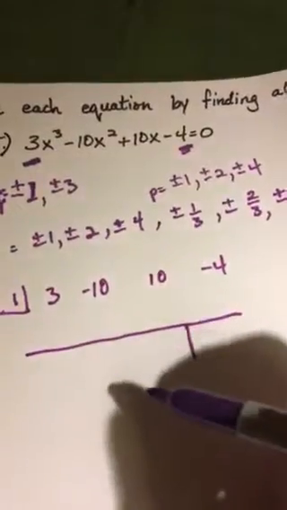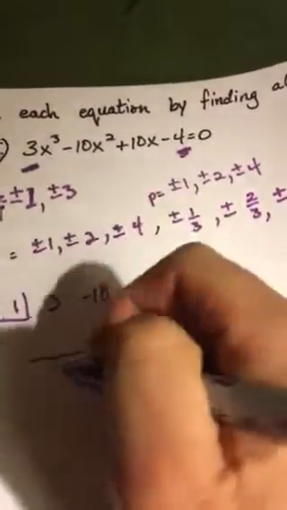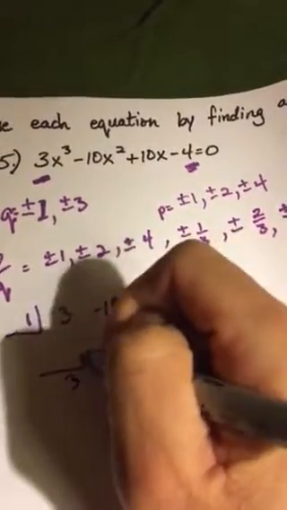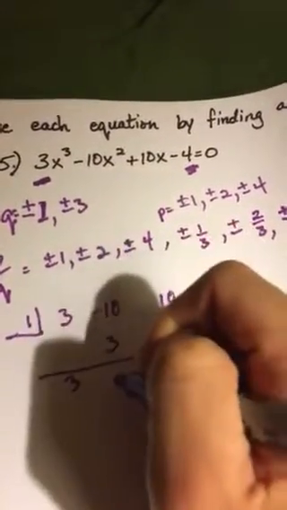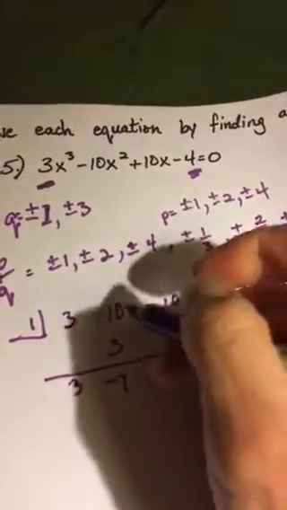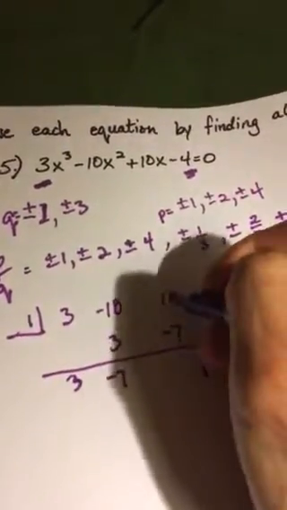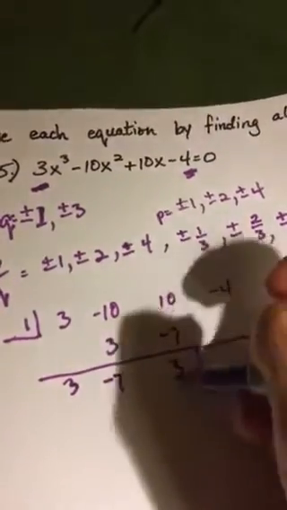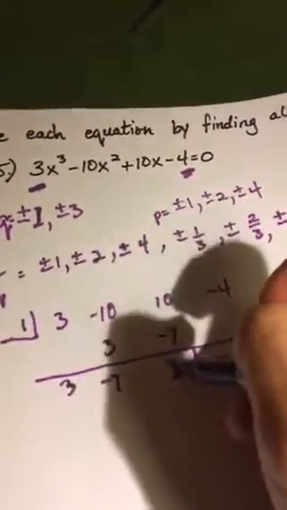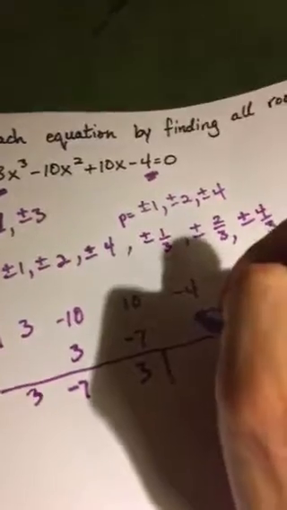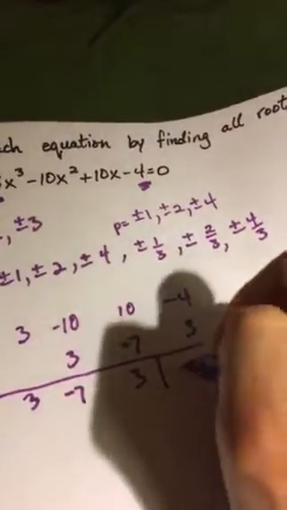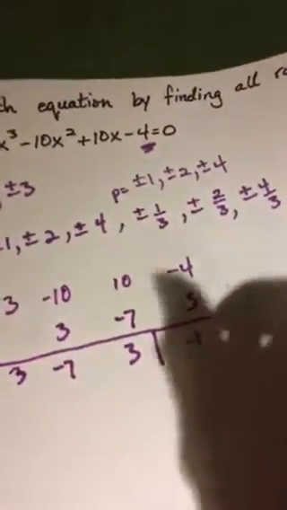All right, so do you remember synthetic division? You drop the 3, multiply, put it right here, add them together, -7. So you multiply, you get a -7, you add, you get 3, you multiply it by the possible root, 3, add them together, -1. Nope, it doesn't work.